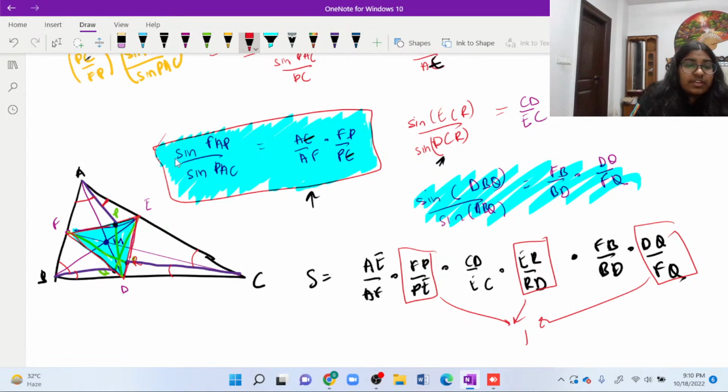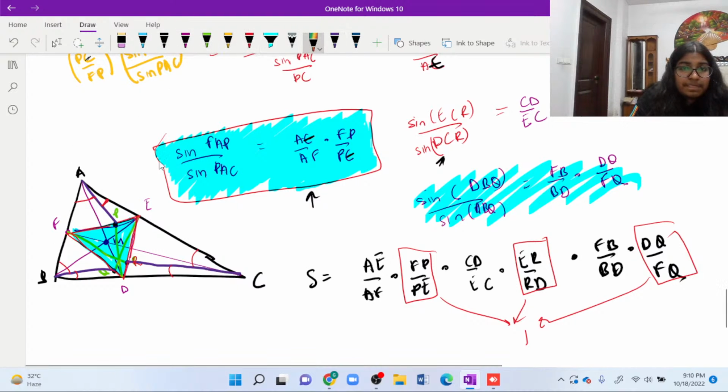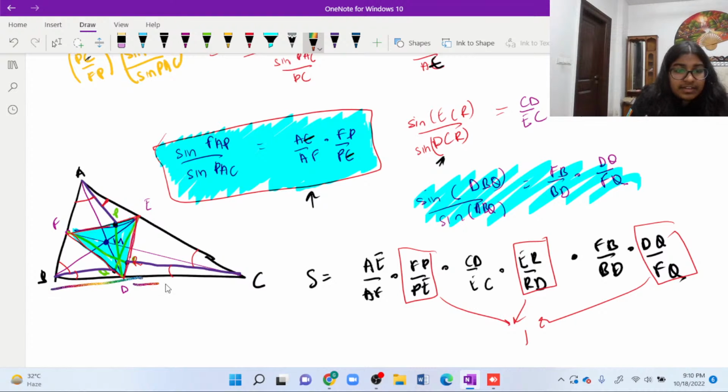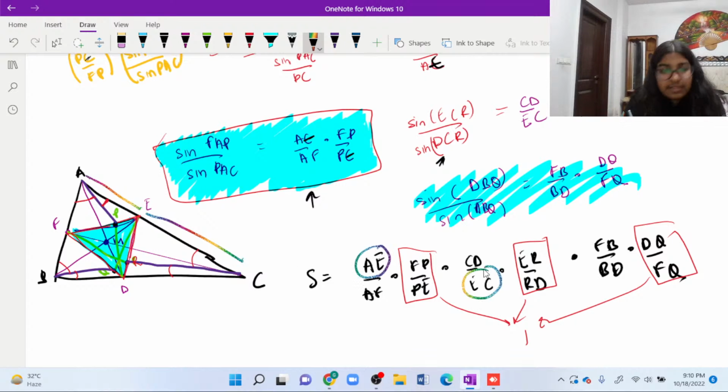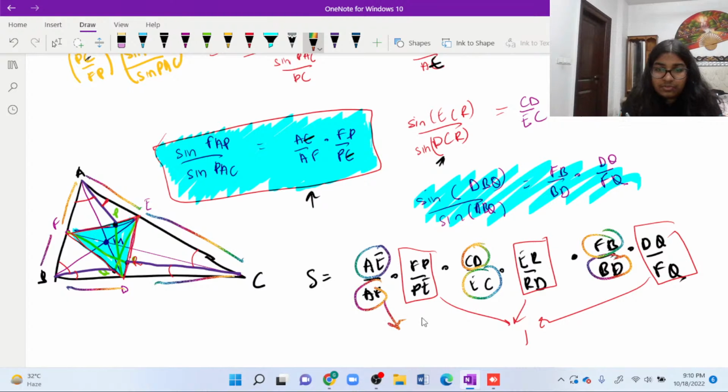And then Ceva in triangle ABC, we know that AE by EC times DC by BD times FB by AF is also 1.